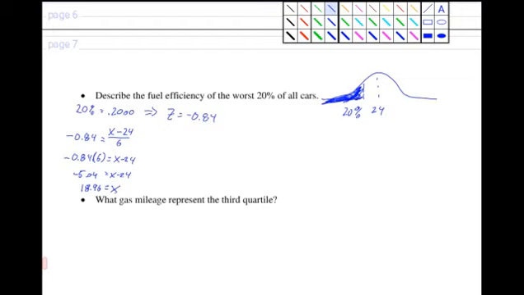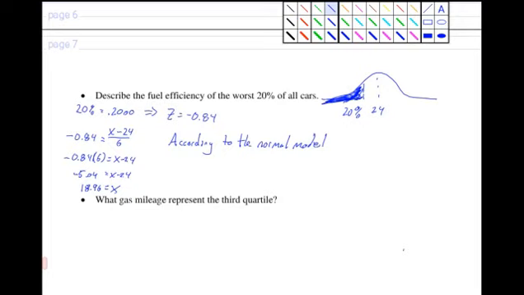Now we just have to write this out in the proper terms. So, according to the Normal model, we would expect the worst 20% to get at most 18.96 miles per gallon.